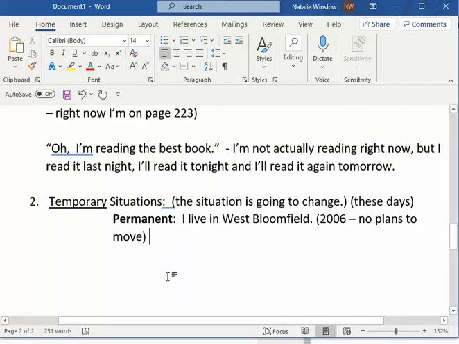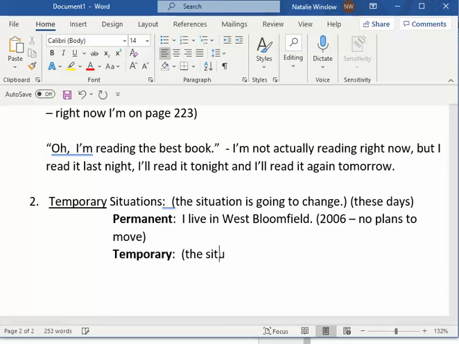But if something is temporary, if something's temporary, then the situation is going to change soon.